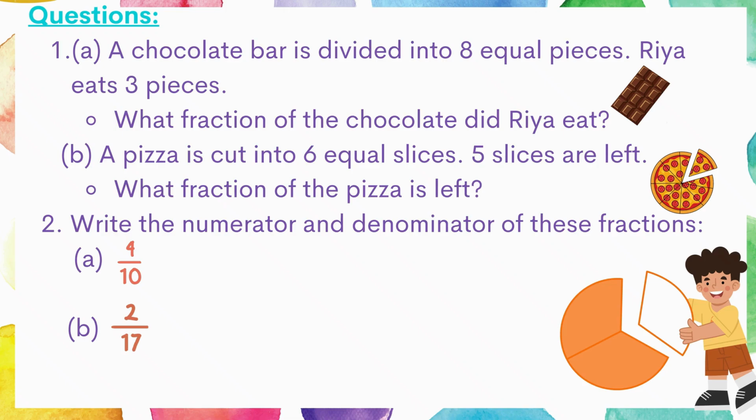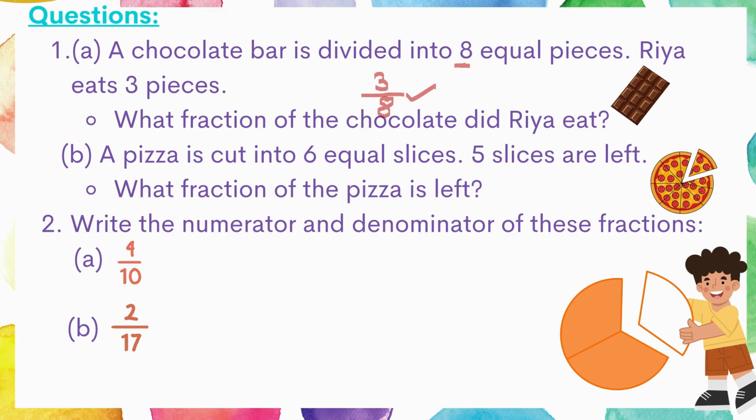Ria ate 3 pieces, right? And how many pieces are there in total? 8. So that 8 is at the bottom. So 3 by 8, Ria ate 3 by 8 of the chocolate.